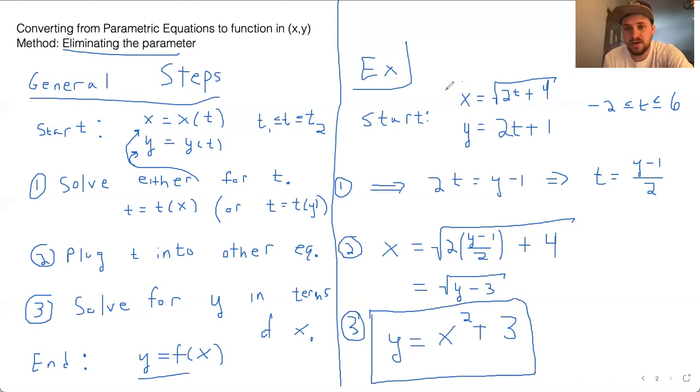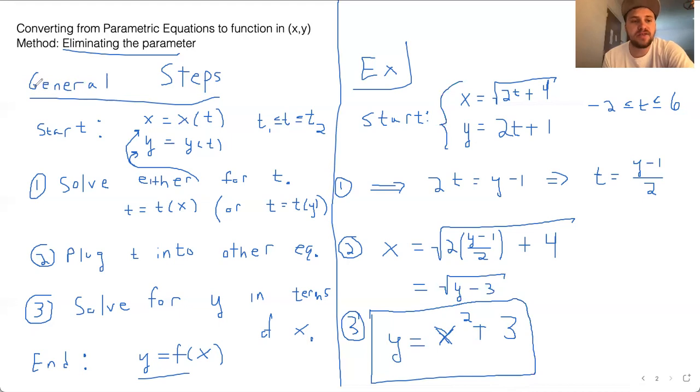These parametric equations up here were describing just the parabola y equals x squared plus 3. So that's a pretty standard example of how you can eliminate the parameter to go from parametric equations to just a standard continuous function in x and y coordinates.